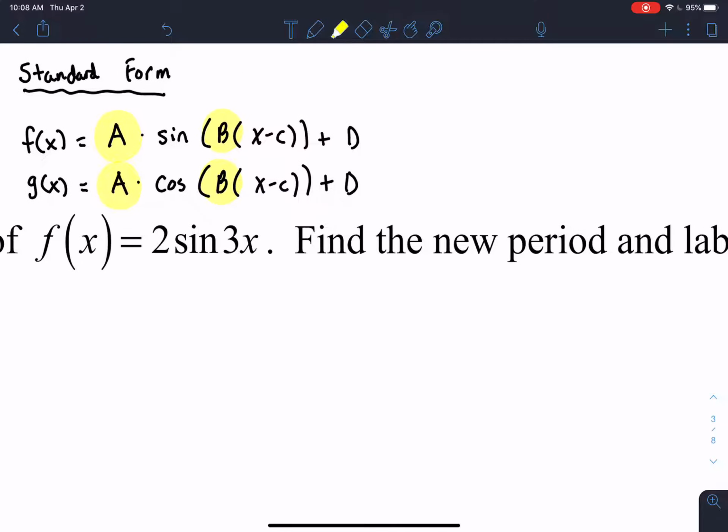So remember, amplitude is the distance that you go away from the principal axis.